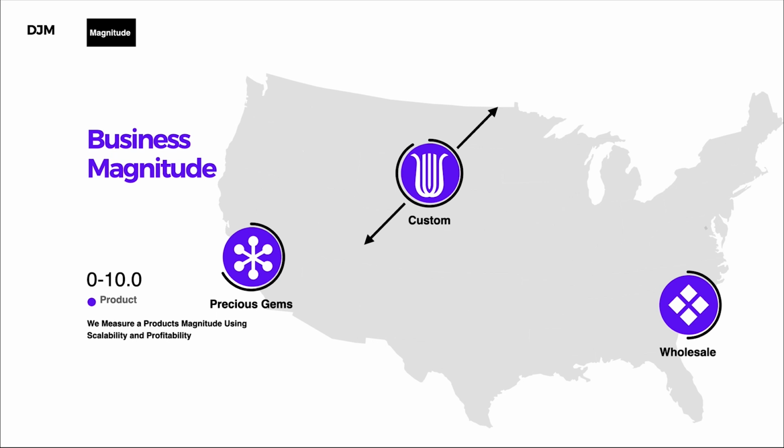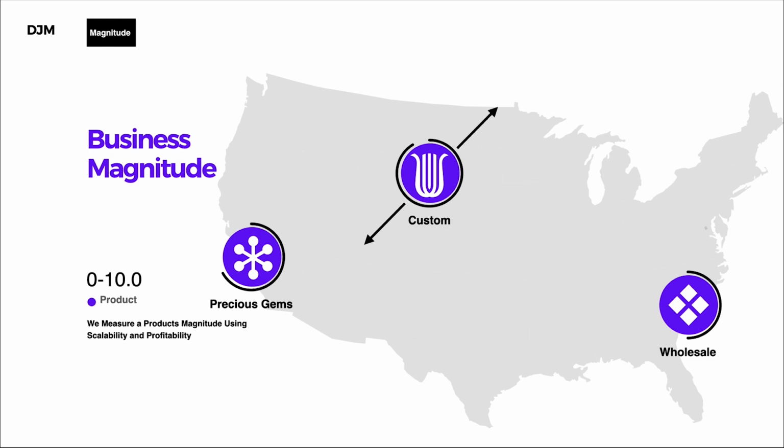So you can think about it in terms of a business's magnitude or a product's magnitude can be increased or decreased by either increasing its size, aka profit, or its extent, aka its scalability. The more profit, the more scale something has, the more magnitude you will be able to achieve with that particular kind of product, that particular kind of perfect offer.